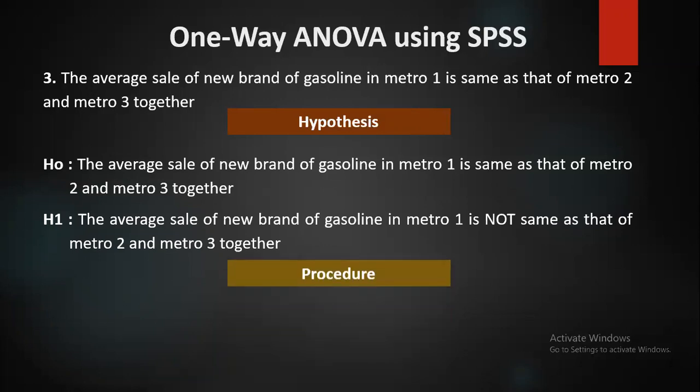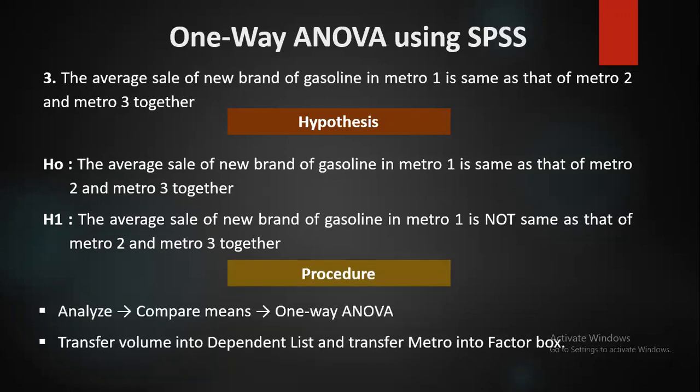See the procedure. Again, we need to go to Analyze, Compare Means and so on. Then we are going to transfer the volume. This we have already done. Next, you can see here you are going to click on Contrast again, and you are going to enter this time 2, -1 and 1. Now why 2? 2 is for metro 2 and metro 3 together.